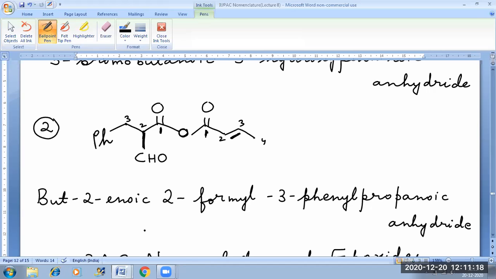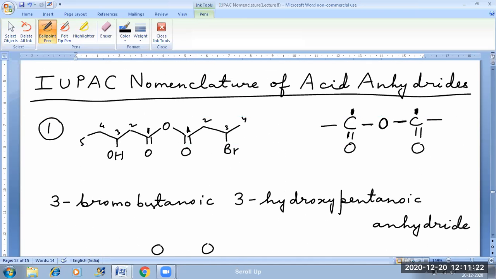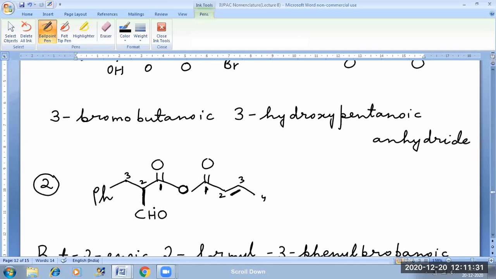This is the complete name of the second acid anhydride. So the first one was this, and the second one is this.